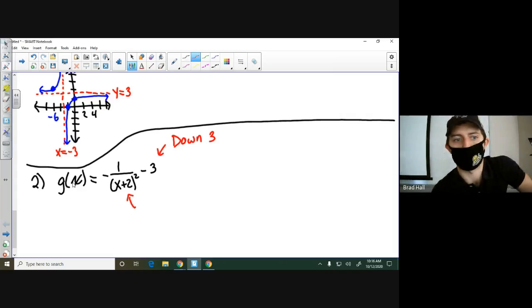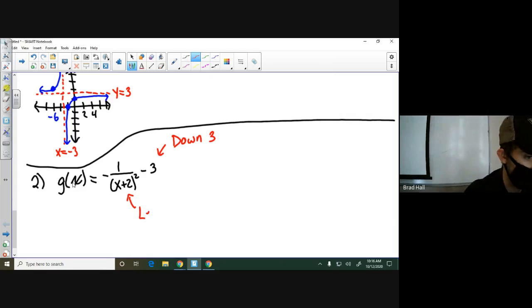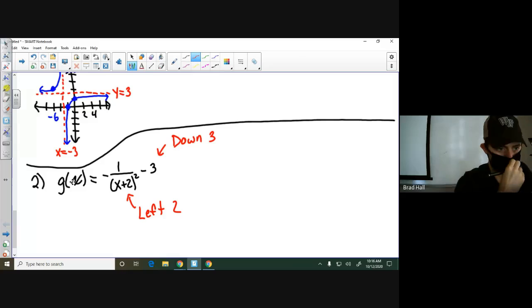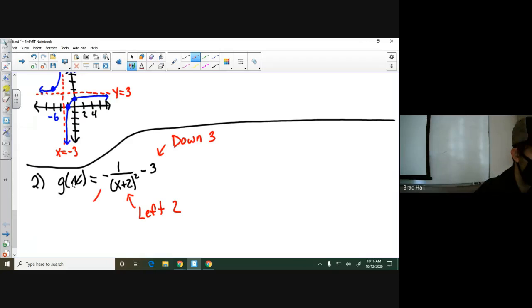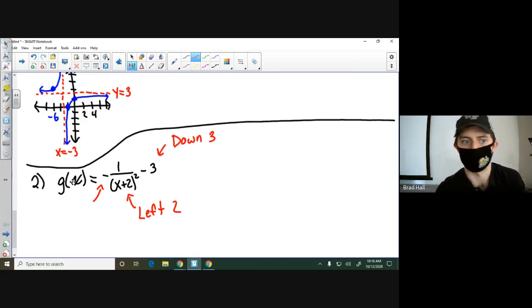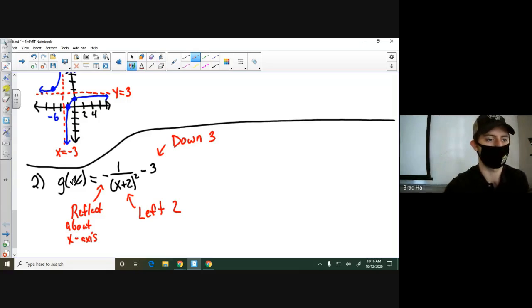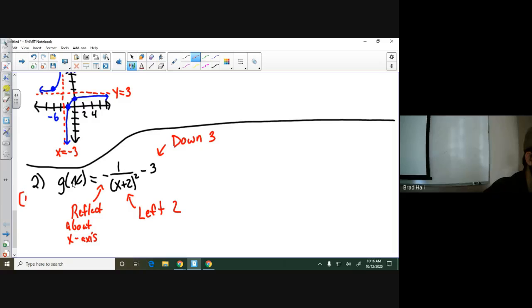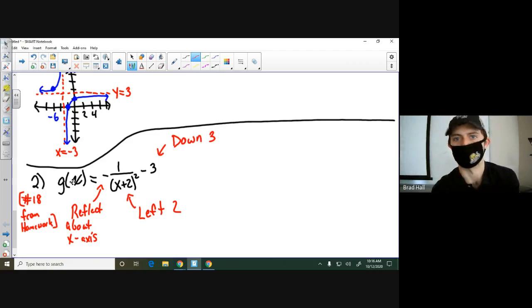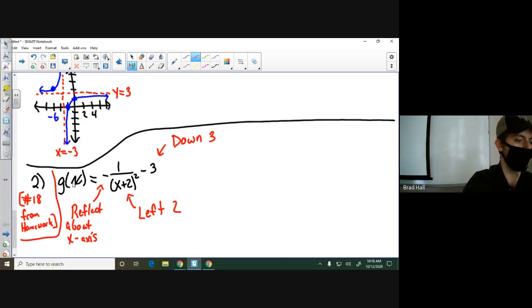The +2, since it's adding to the x directly, this means we're going to the left 2. And then the negative in the front, if the whole function is negative, this means we reflect about the x-axis. So I'll just put that disclaimer. It's very much like number 18 from the homework.